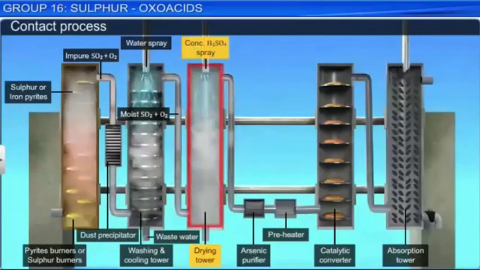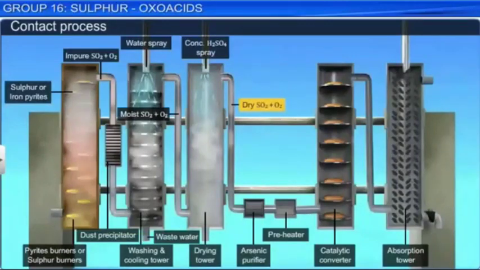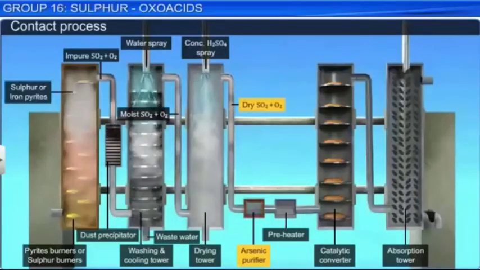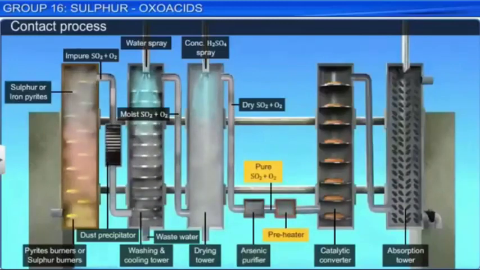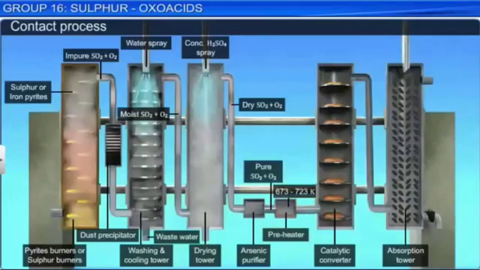The dry gaseous mixture from the tower is then passed through the arsenic purifier. The main impurity in the gases, arsenic oxide, is removed here. The pure gases are passed through a preheater and heated to about 673 to 723 Kelvin. Gases are then led into the catalytic converter.